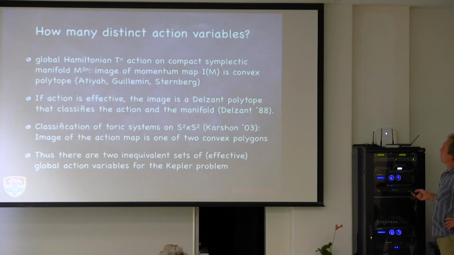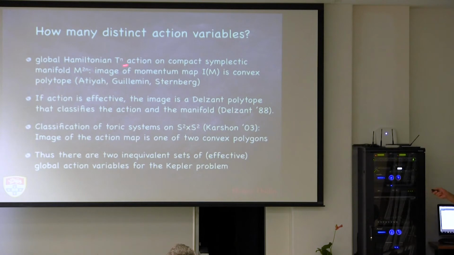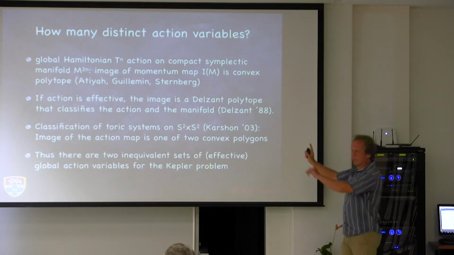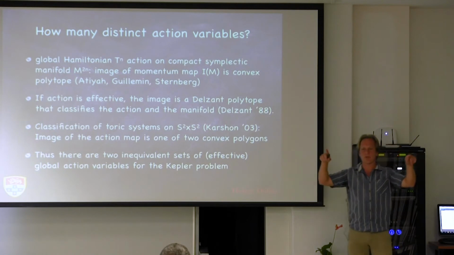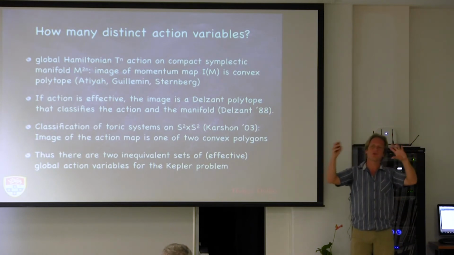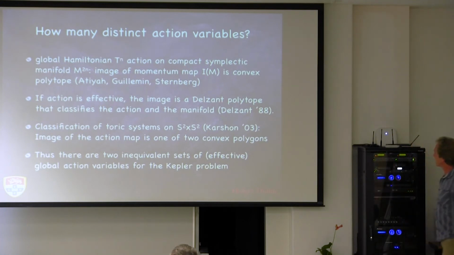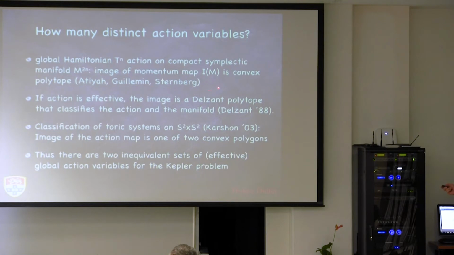There is a big theorem that says if you have a Hamiltonian n-torus action on a compact symplectic manifold, then the image of the momentum map is a convex polytope. I already pointed out that when A goes to infinity, you saw this picture which was basically converging towards a rotated square. That would be an illustration of this theorem.